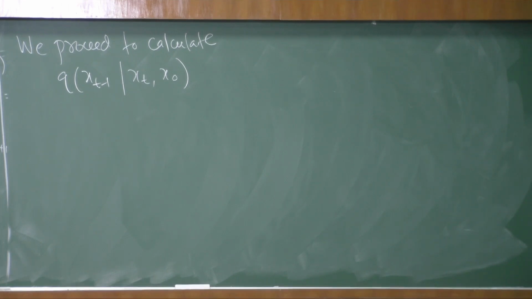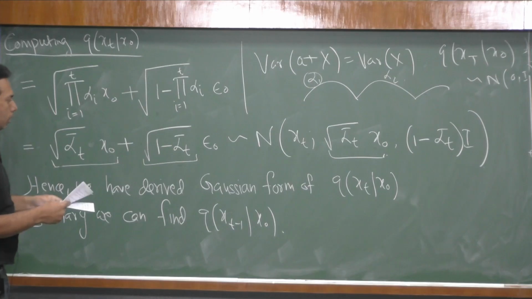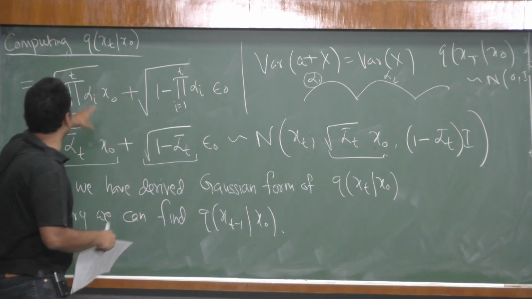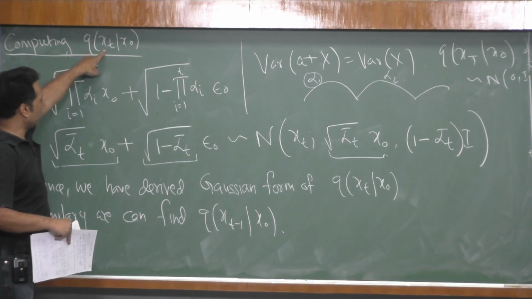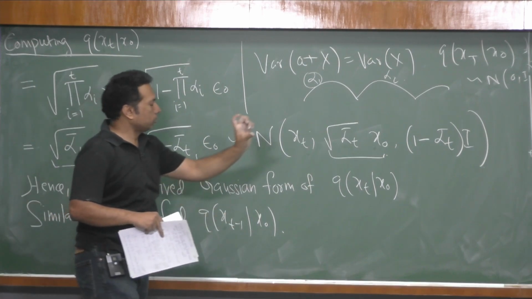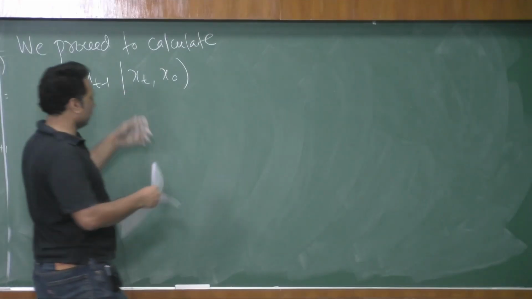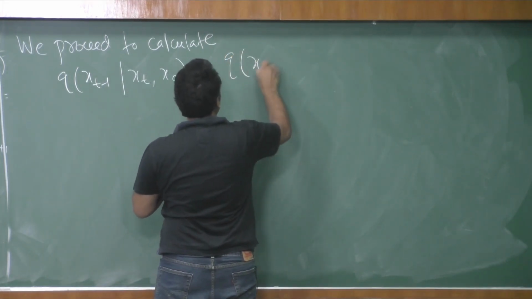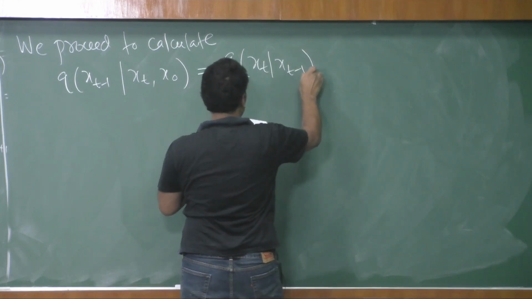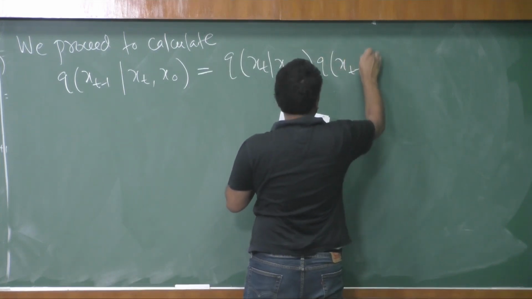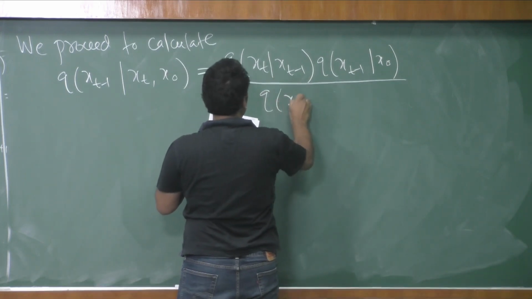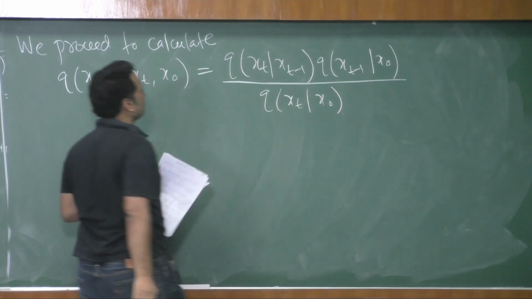This was the expression we were computing, and this was the left hand side of the Bayes rule, and we are estimating it via Bayes rule. On the right hand side we had these two terms, this and this, and the third term will be a flip of this. So we are recalling essentially the Bayes rule, and then we will see q of xt given xt minus 1, q of xt minus 1 given x naught, divided by q of xt given x naught.